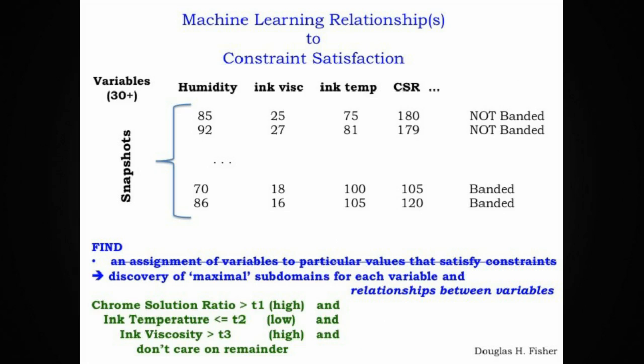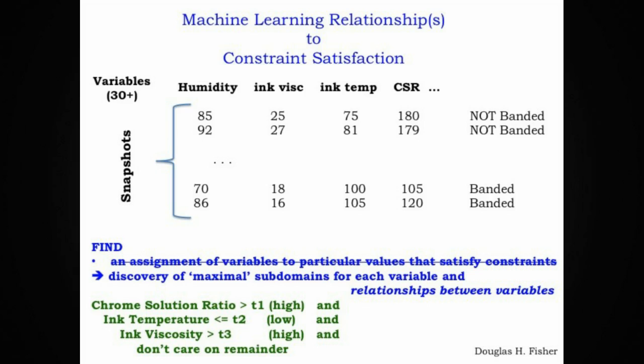But really what's going on in machine learning is somewhat more general. We want to discover, if you will, a set of states in which banding doesn't occur. And we can identify that subset of states by finding the subdomains of variables that correspond to the non-banding data or snapshots that we found.